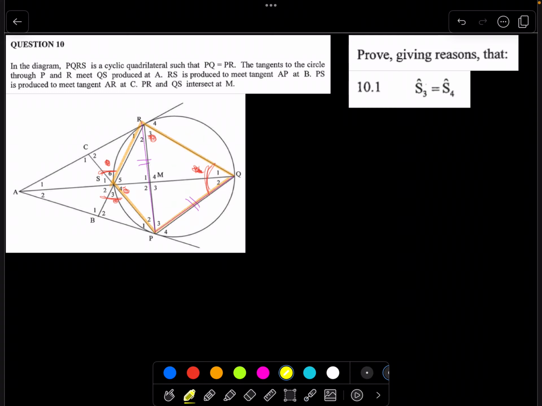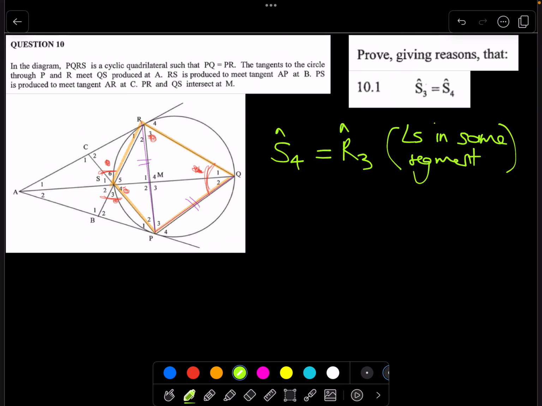Okay, so let's pin all of that down. So we know that S4 is equal to R3, and that is because angles in same segment.